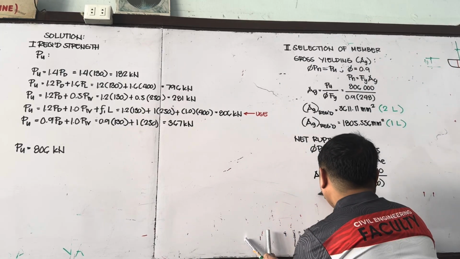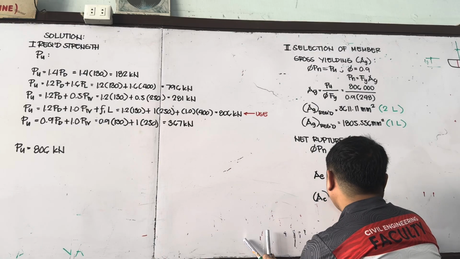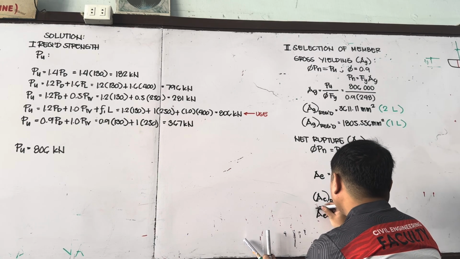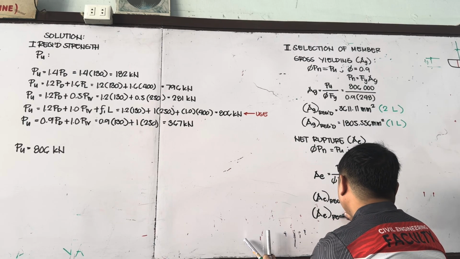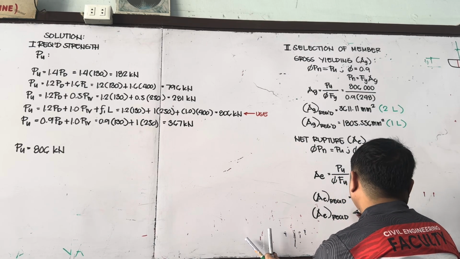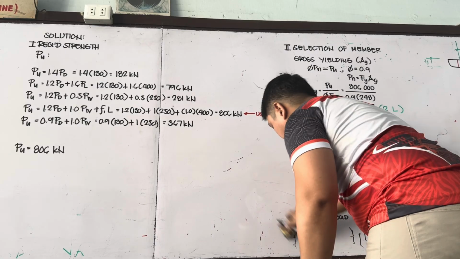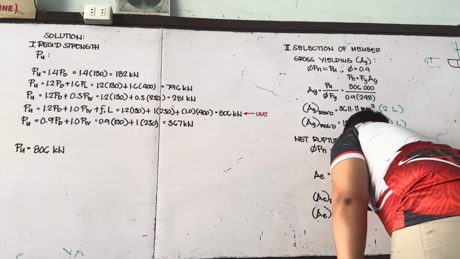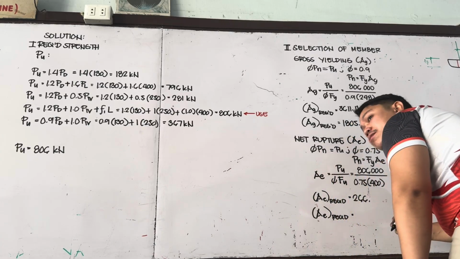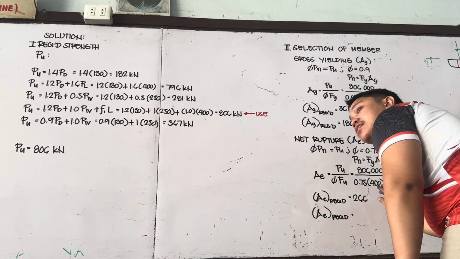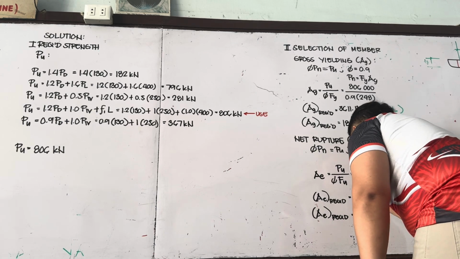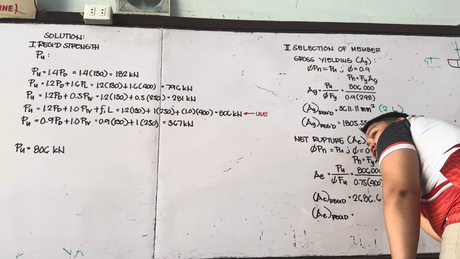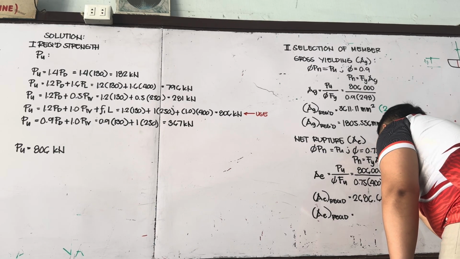Okay, so ang AE required natin for a double angle pila? 2666.666.